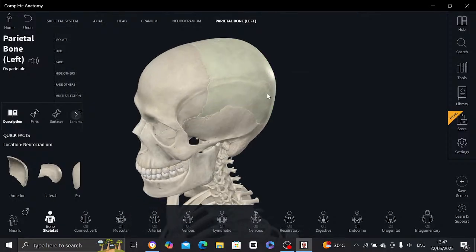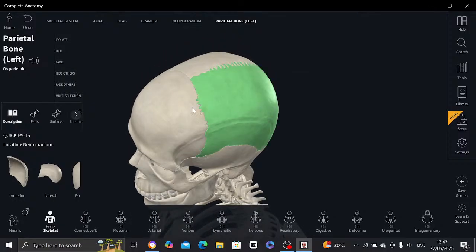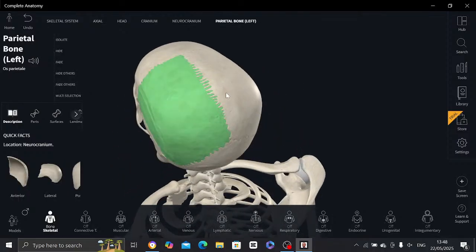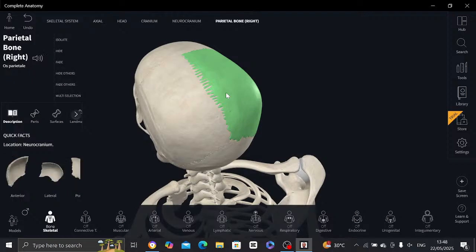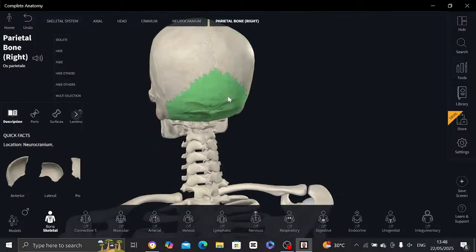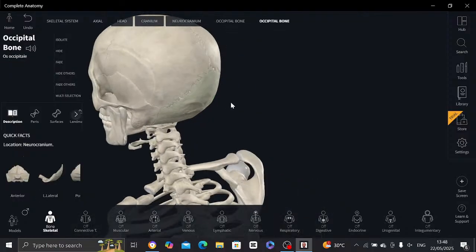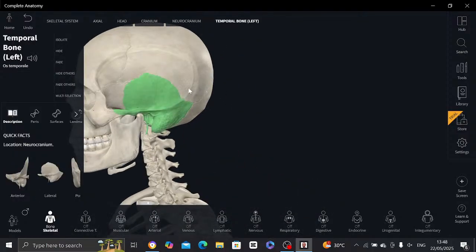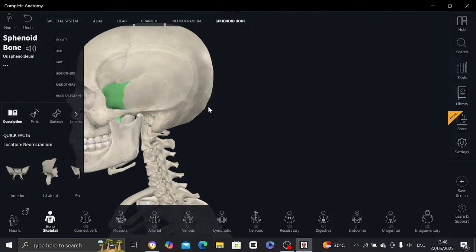The parietal bone is attached anteriorly to the frontal bone, and at the midline to the contralateral parietal bone. Posteriorly it is attached to the occipital bone, and laterally to the temporal bone and the sphenoid bone.